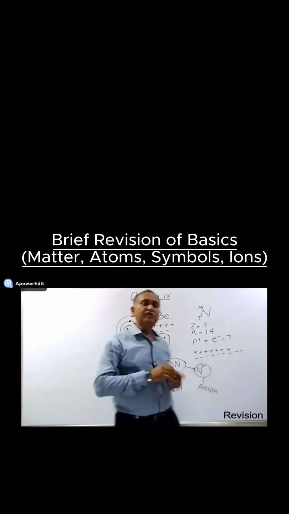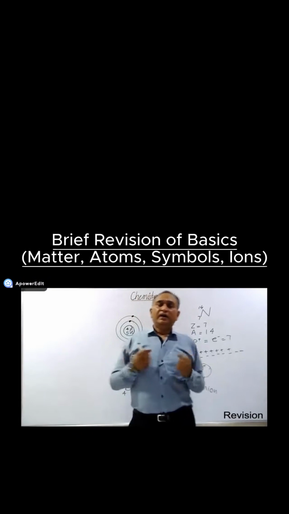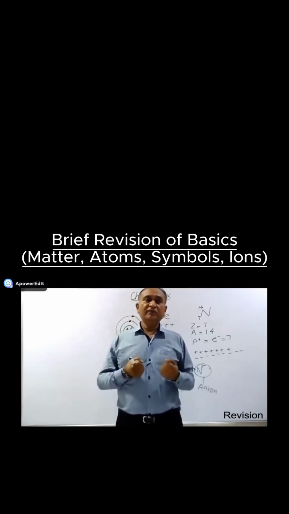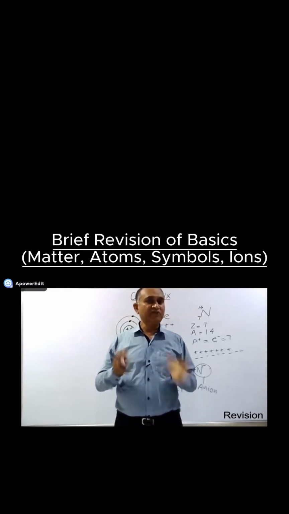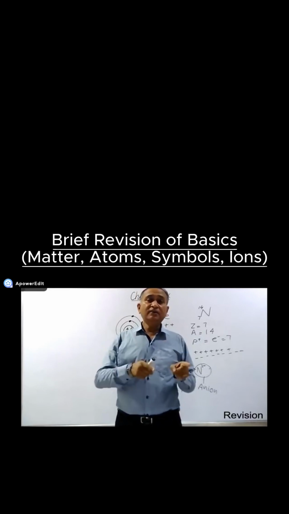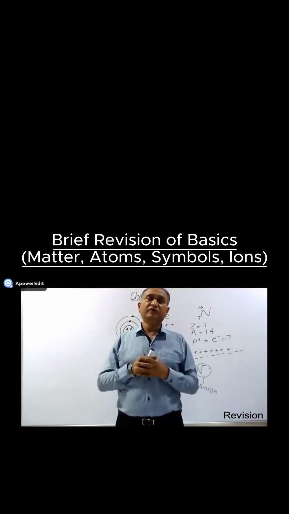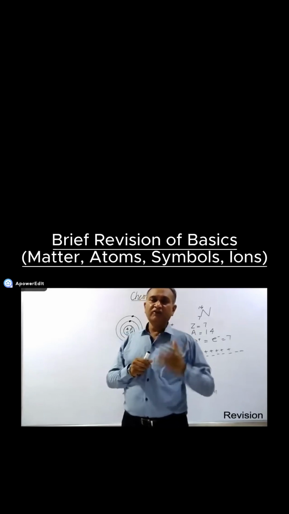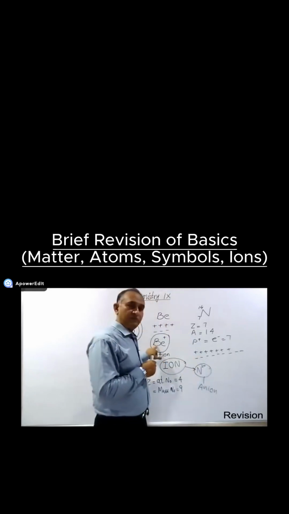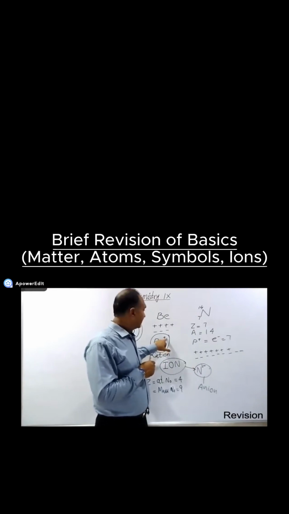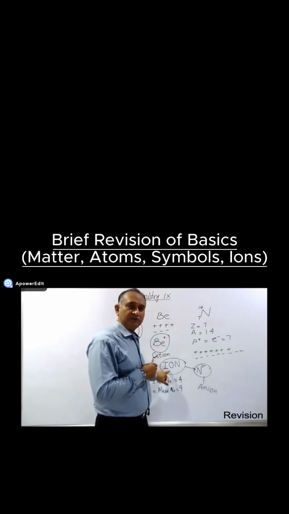So what have we just revised? That a neutral atom has an equal number of protons and electrons. Point number 2, an atom can gain or lose electrons. If it loses electrons, it will acquire a plus charge due to imbalance and become an ion.